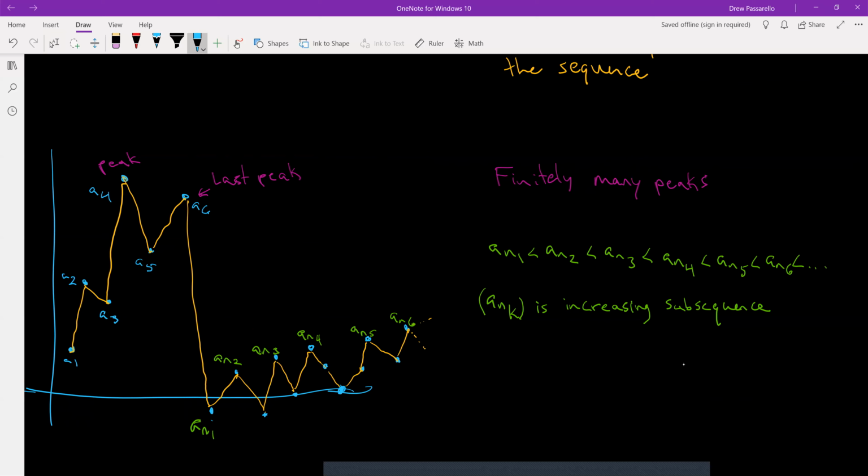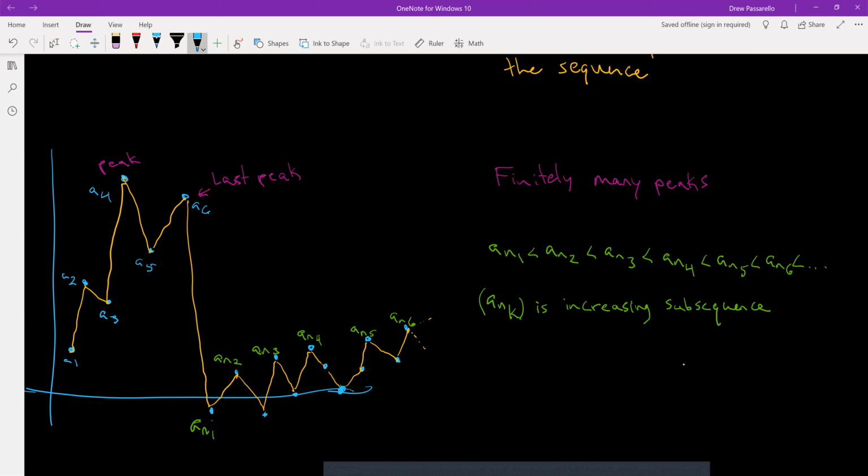All right, so the idea for the proof is to rely on this thing called peaks, and we're going to have to formally define a peak. And after we formally define a peak, we have two cases. One of the cases right here is when there's finitely many peaks.